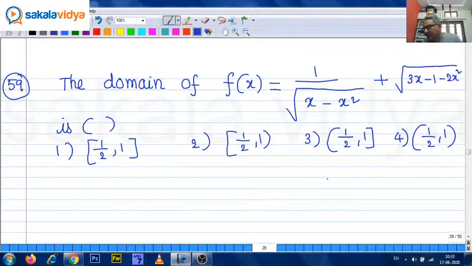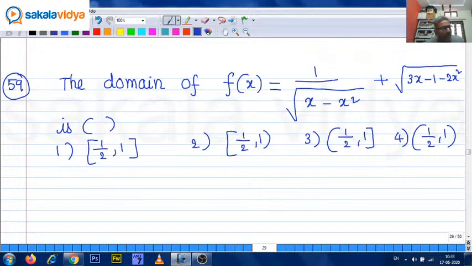So these type of questions are very important, because actually we need to find out the domain of the first function and domain of the second function and their intersection we need to find out, just like in the previous problem, 50th problem. Okay, it might be 0 comma 1, let us check it now.